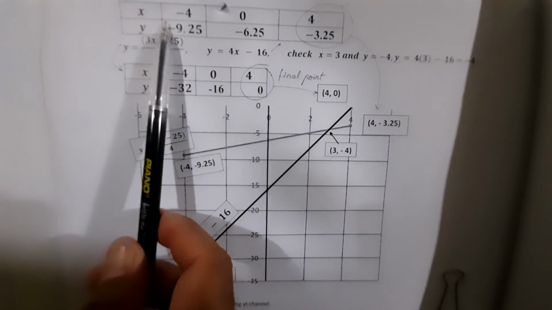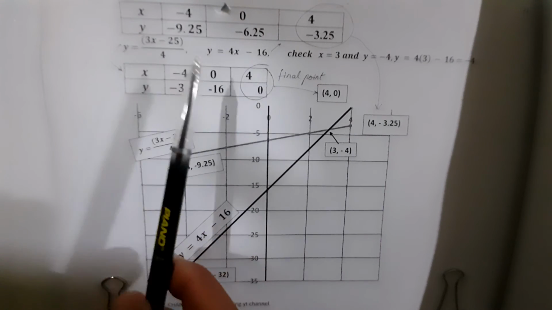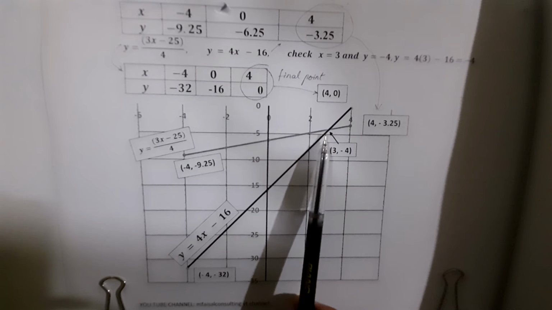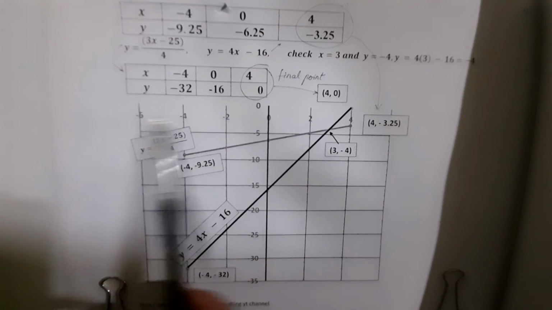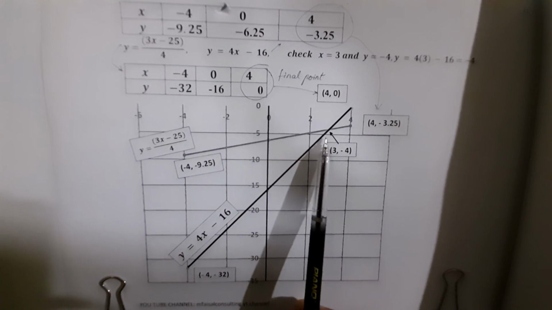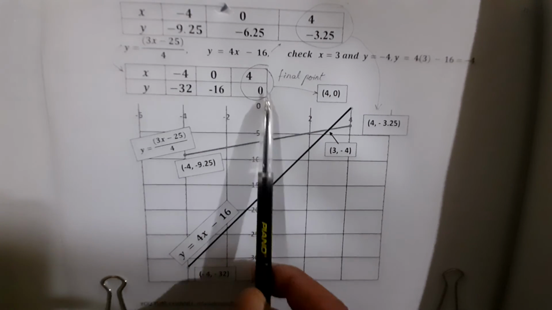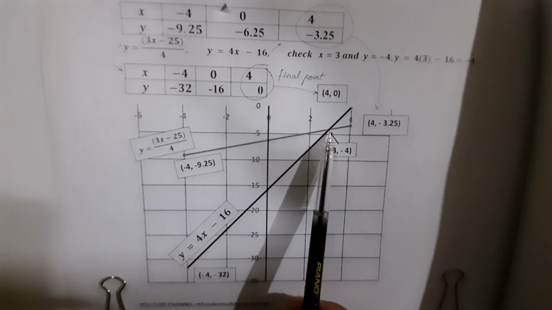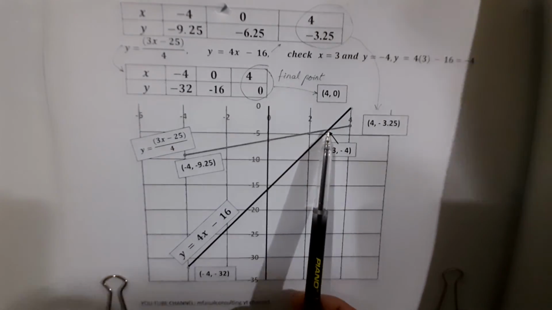Now we have drawn the table of both equations, and both these lines coincide when x was 3, this is x-axis 3, and this is y-axis minus 4. This is the point where both the lines of the equations coincide.